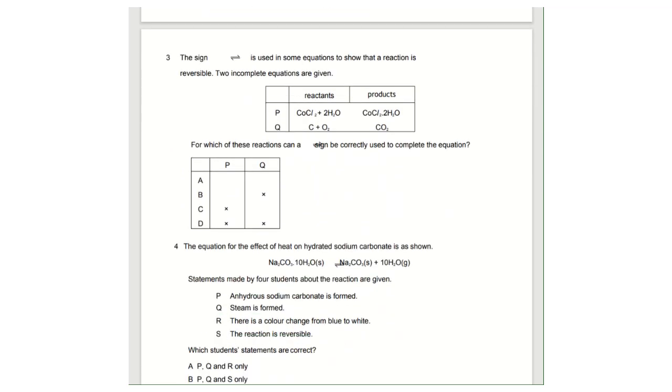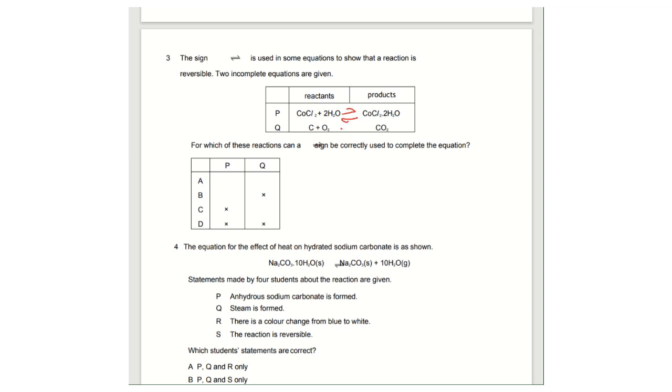This sign is the reversible reaction sign, used in equations to show that a reaction is reversible. Two incomplete equations are given below. Cobalt plus water, so this will be reversible. For which of these reactions can the reversible sign be correctly used to complete?